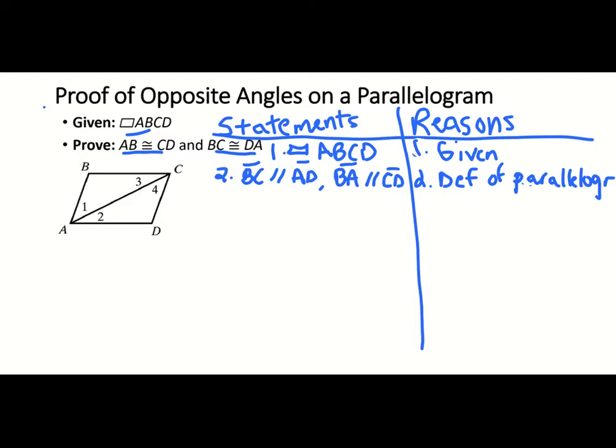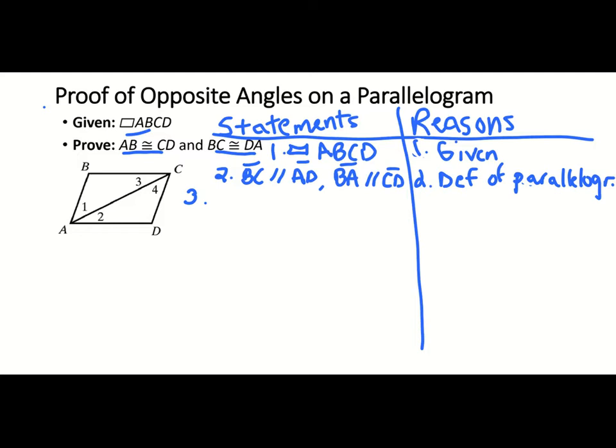Okay, now step 3. We said opposite sides were parallel. And now this is where we go all the way back to chapter 3 when we were talking about parallel lines. What do I know about parallel lines? I know lots of different angle relationships. And here's what we're going to do.